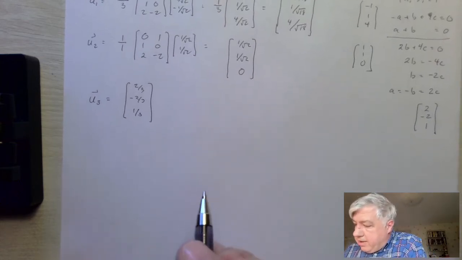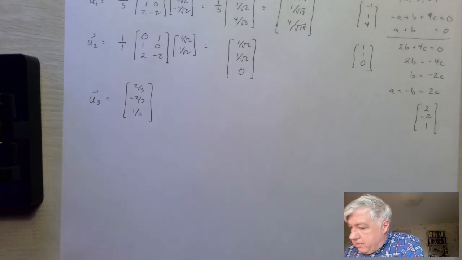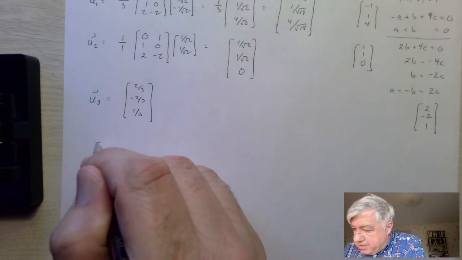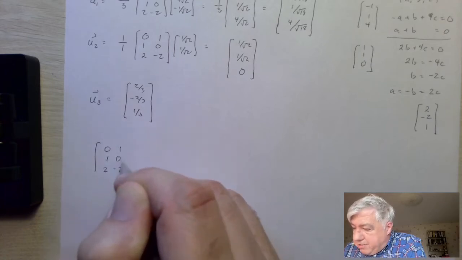Now we can let that be u, so that our matrix is 0, 1, 1, 0, 2, -2.